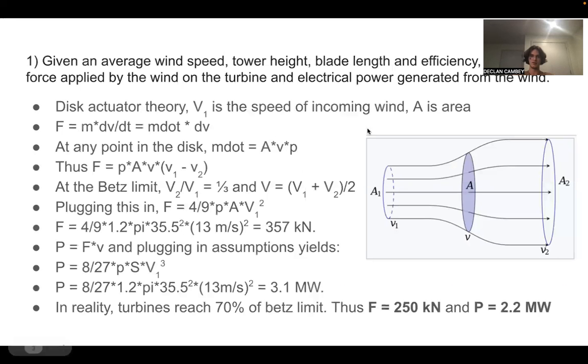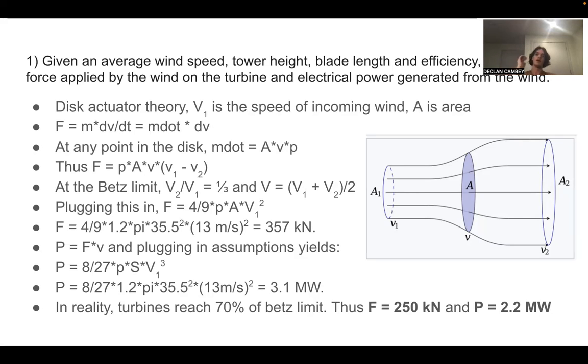To start, I want to determine the electrical power and the force of the wind on the turbine. To do that, I use actuator disk theory, where V1 is the wind speed, A is the area, and V is the speed of the wind going through the turbine.